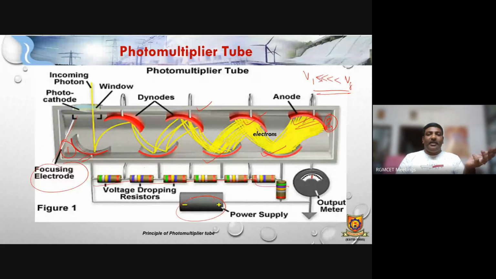There are 1, 2, 3, 4, 5, 6, 7, 8 diodes; individually we can call these anodes. The electrons are attracted towards the anode, and as the voltage changes, the attraction power increases. Consider a small example of a magnet: a small magnet attracts small objects, and a huge magnet attracts huge objects. The flux produced by the magnet also increases. Here the same principle applies.